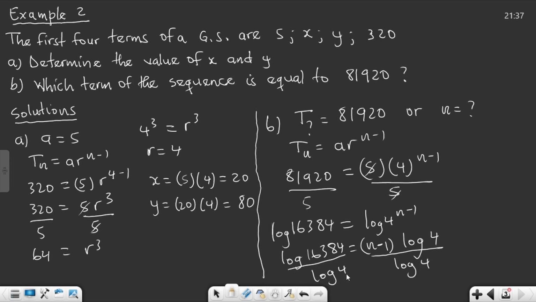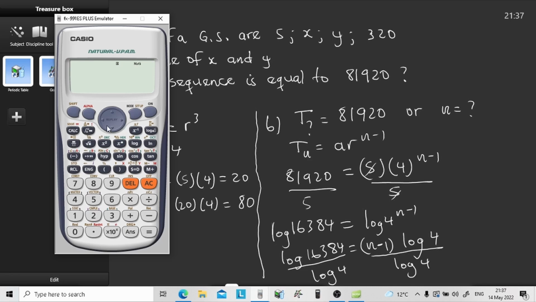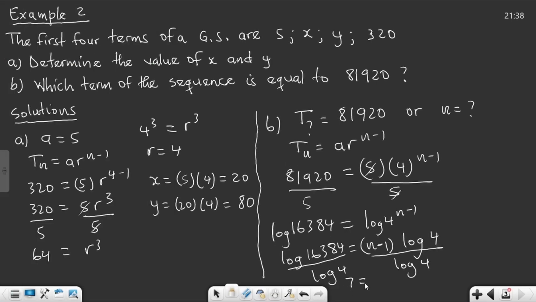Log 4. Okay. Now let's do this in our calculator. What we have. So it is log 16384 over log 4. So on the left side we have 7 is equal to, and this will cancel.